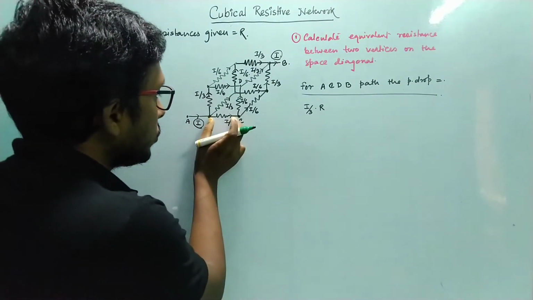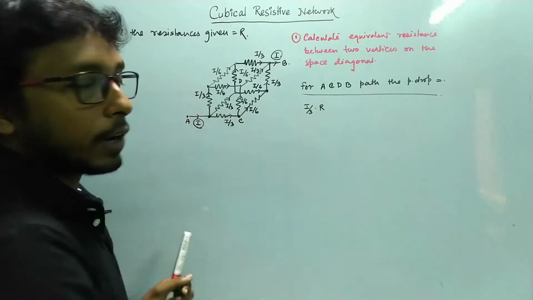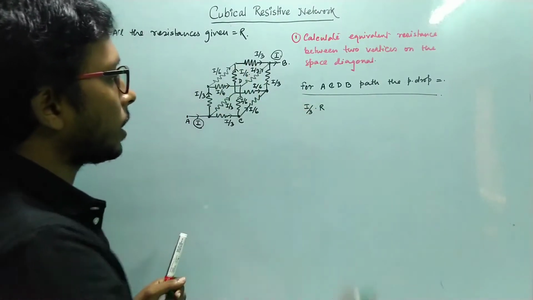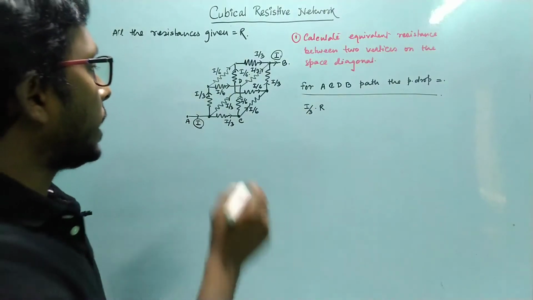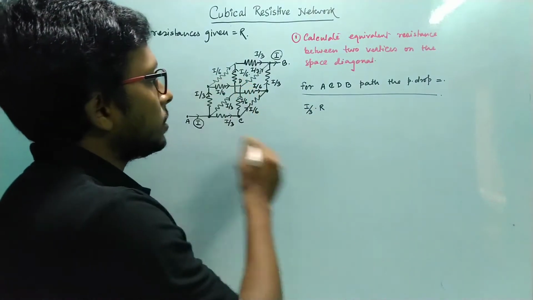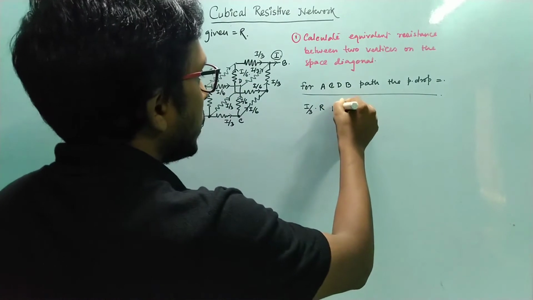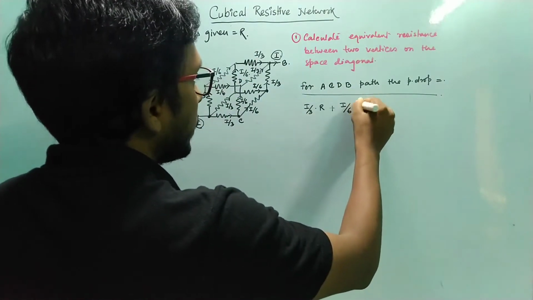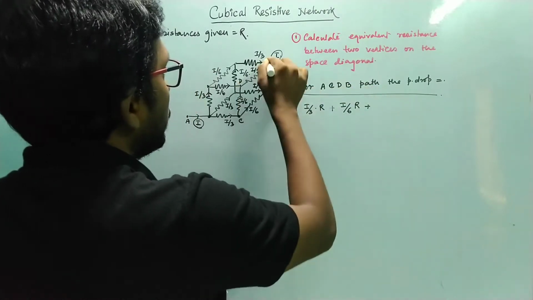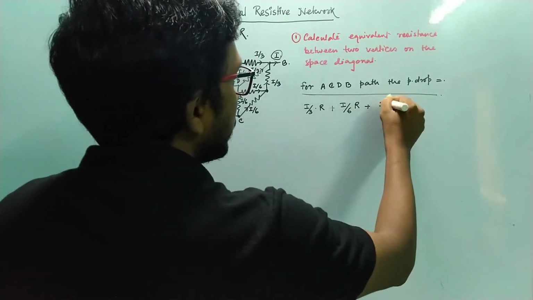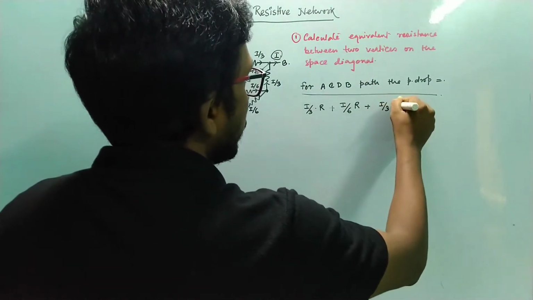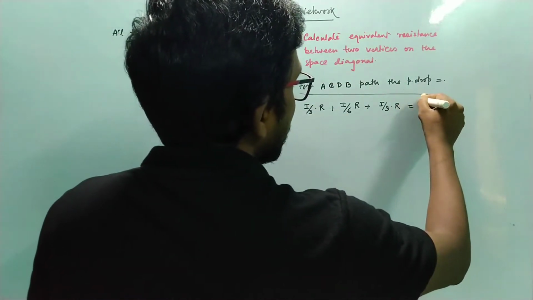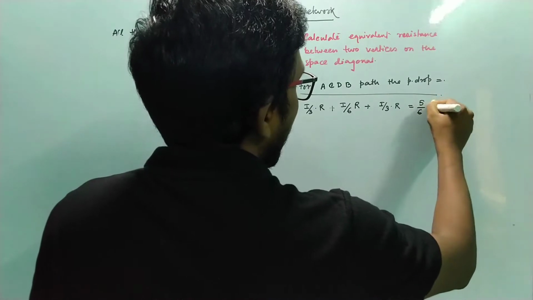So through this resistance I by 3 amount of current is passing, so I have multiplied I by 3 with R. After that, for CD segment I can write potential drop as I by 6 multiplied by R, and for DB segment I can write again I by 3 multiplied by R, which will give us 5 by 6 IR.